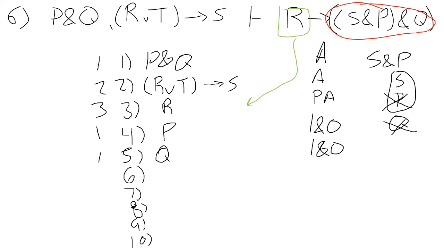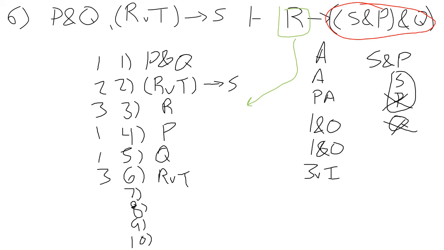So S is attached to that conditional statement there in line 2. Do I have its antecedent? Well, I don't just yet, but I do have one of the disjuncts that I could wedge in. So I've got R in line 3, so I could wedge in T, doing 3 wedge in, like that.